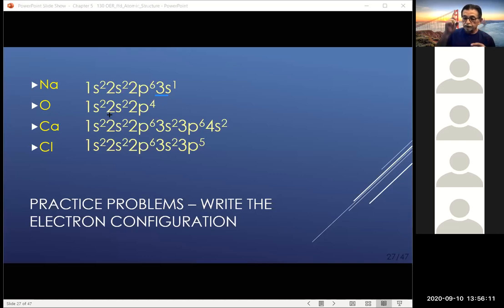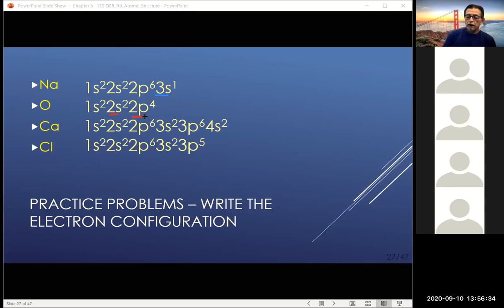It'd be 1s1, and if you need to add another electron, then take that 1 and make it a superscript 2. So there should only be one denotation of each orbital type: 2s2 and 2p, which can go from 2p1, p2, p3, p4, p5, or p6.